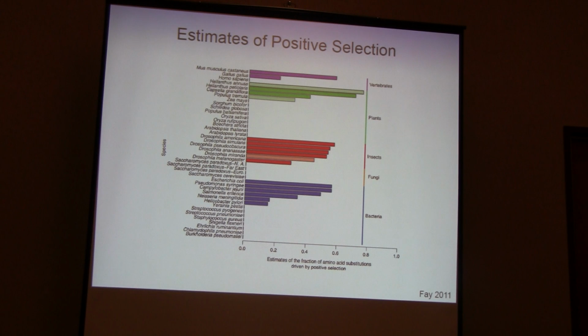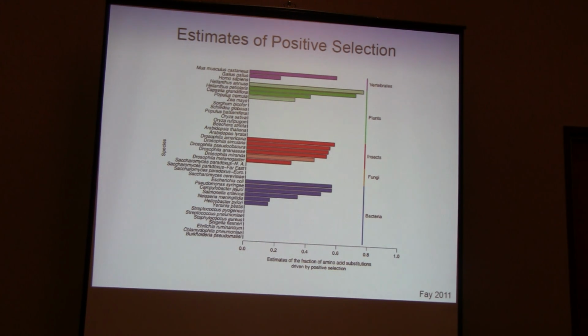And so this includes vertebrates, plants, insects, fungi, and bacteria. What's fairly easy to see is that there's a good deal of heterogeneity, where many species show an estimate of positive selection of 0, which means that those two ratios are either not significantly different from one another, or the N-S ratio of polymorphism is actually greater than the divergence.